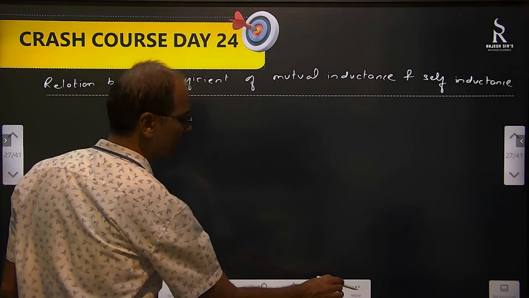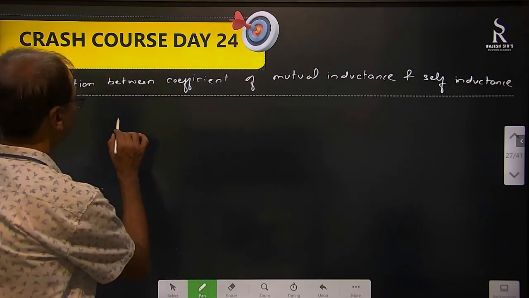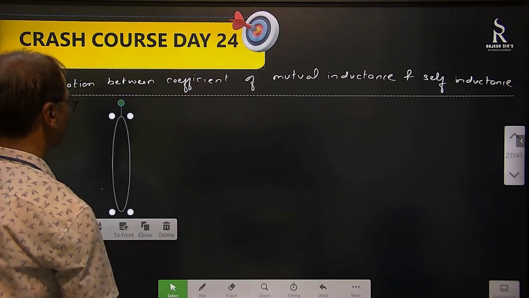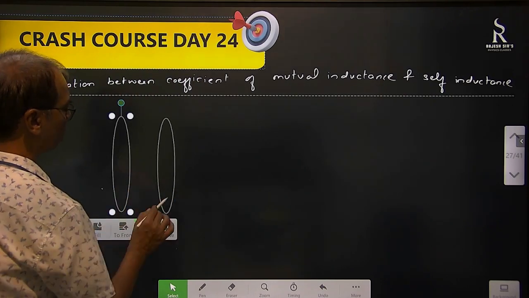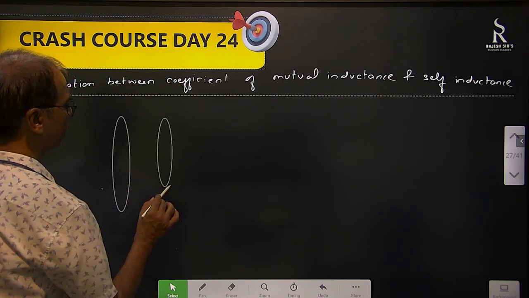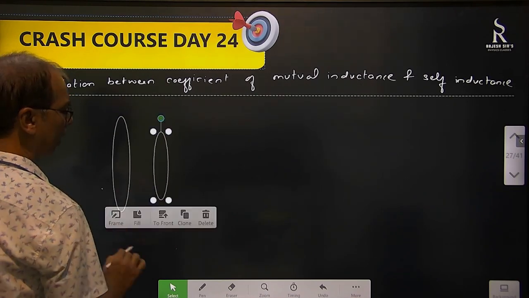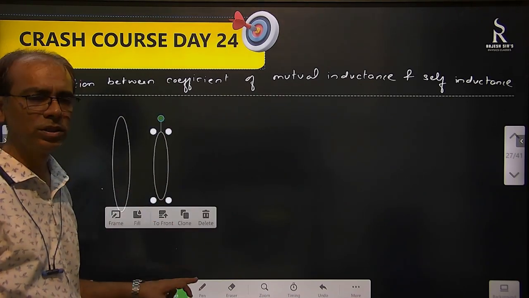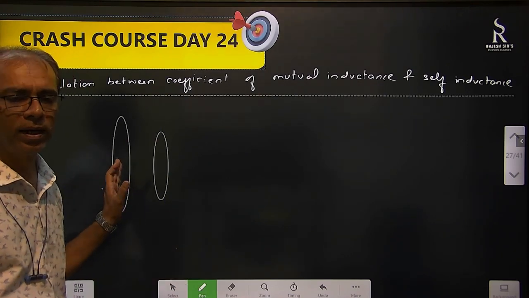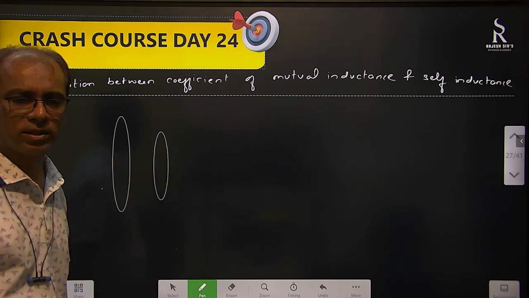Suppose I am explaining it through the coil first. Two coils are there. This is one coil, this is another coil, slightly smaller one, and they are so close to each other that whatever is the magnetic field at the center of one, the same is the magnetic field at the center of the other.